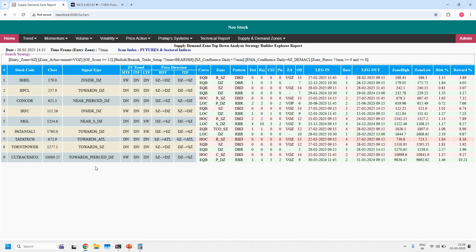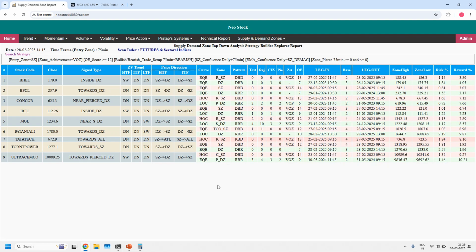See, now it has given you 9 stocks. From these 9 stocks, now you can analyze. Still 9 is a big number. But high liquidity zones, how many supply zones do we have? This is the first one, this is the second one, this is the third one, this is low priority, already tested. This is the fourth one, this is the fifth one.